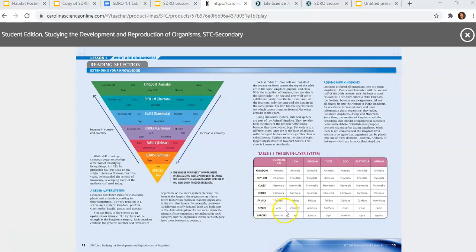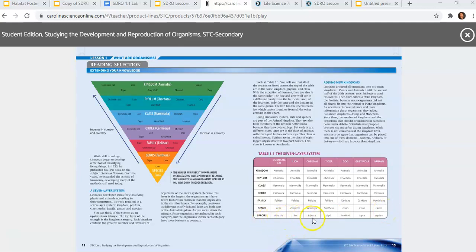Now, if you look at the genus level, this is where we start to see a lot of things that are not in common. We do have a few that belong to the same groups, and I'm not going to mention that. I'm going to let you look for yourself because we do have an assessment question later that's going to ask you about that. But you can look and see which ones would belong to the same group. That means they have a lot in common.